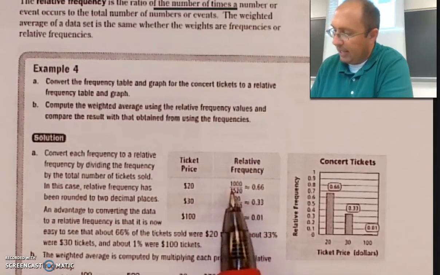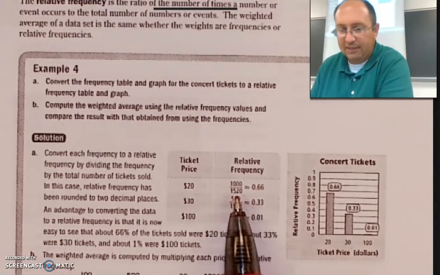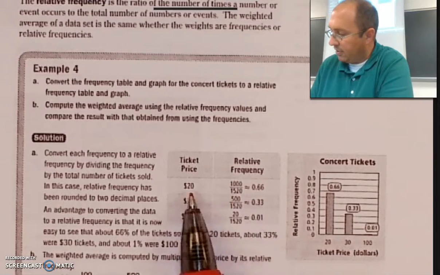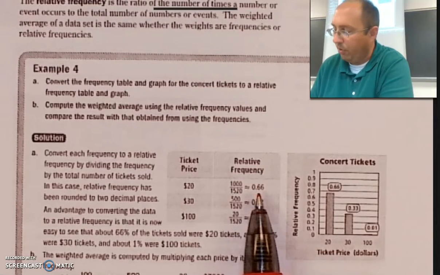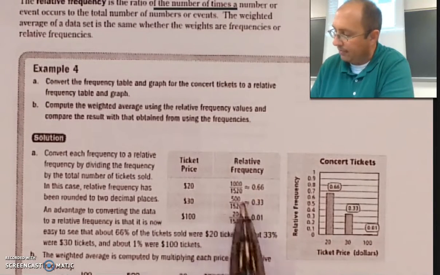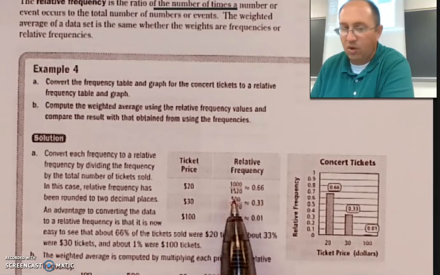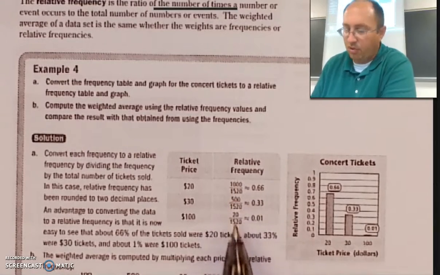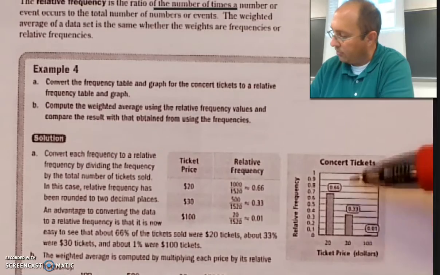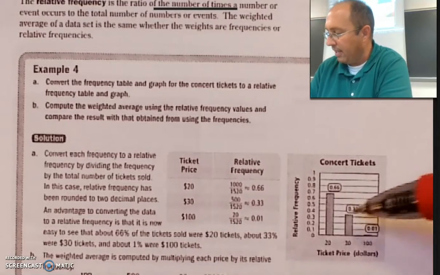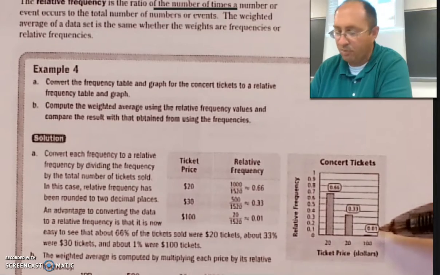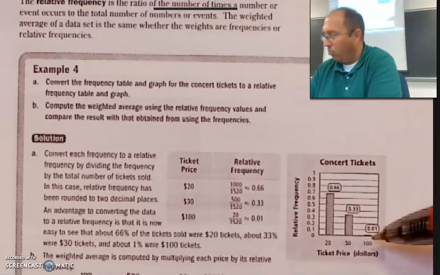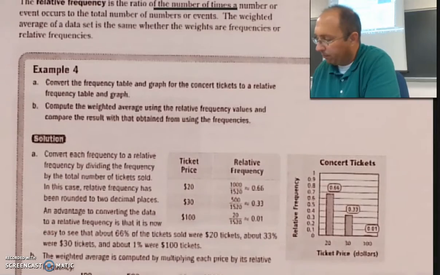So instead of saying 1,000 tickets, we said that for a $20 ticket, 0.66 or 66% of the total number of tickets were $20 tickets. So they just changed each one of these into a percentage. You can even see on the chart over here, instead of saying 1,000 tickets, they gave these out as percentages. Obviously, these percentages would have to add up to 100% or to the number 1 since they're in decimal form.